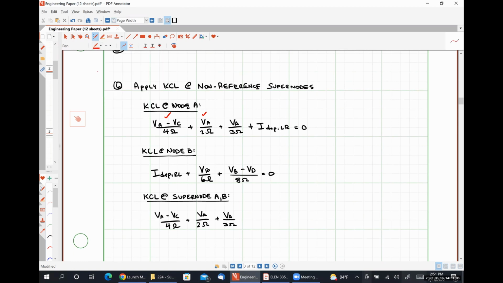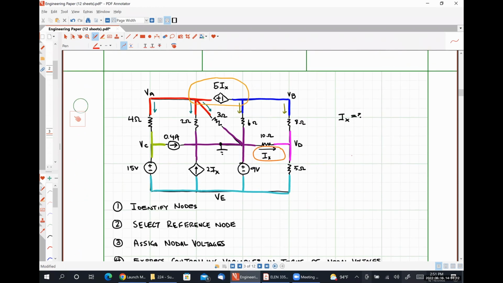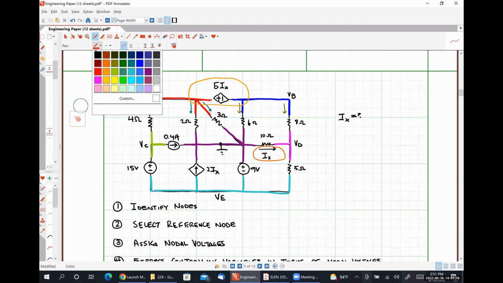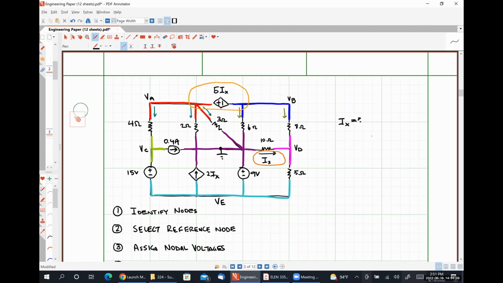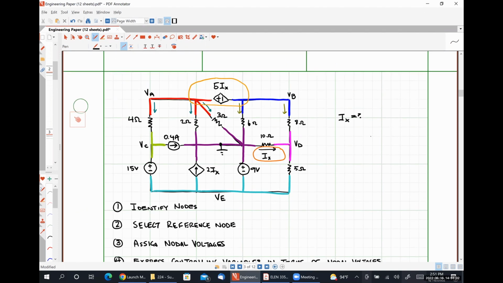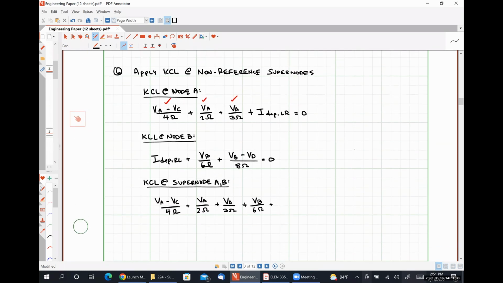Then we see a current flowing down through the 6 ohm resistor that's leaving our supernode, so that's going to be VB over 6 ohms. And then the current flowing down through the 8 ohm resistor that's leaving our supernode, which is VB minus VD over 8 ohms, and set this equal to 0.